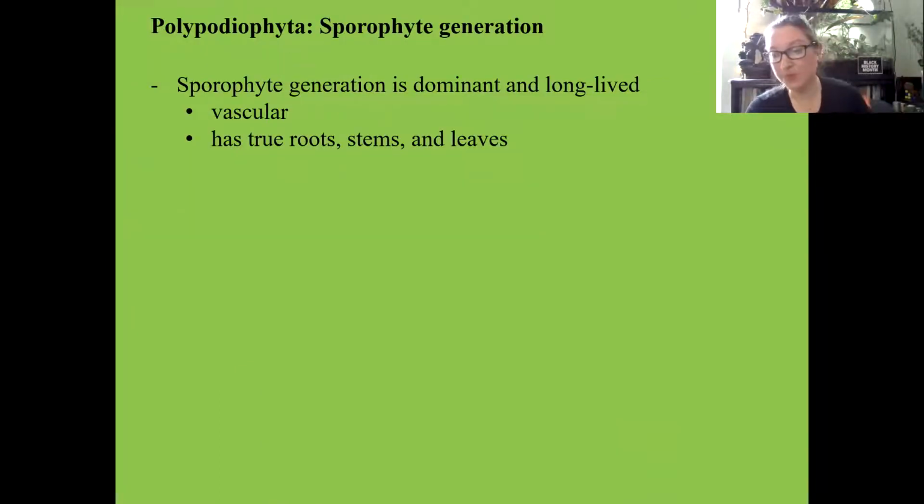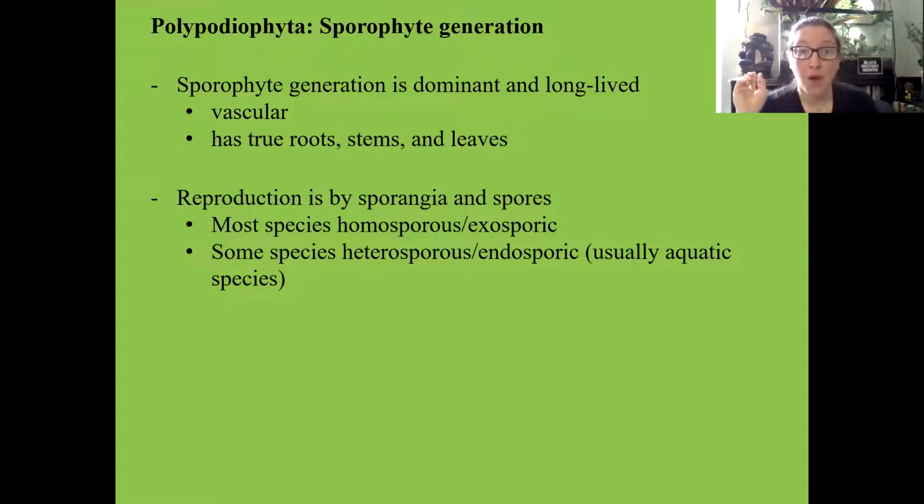All right, so some familiar things here: we know we're in the vascular plants, so we know that the sporophyte generation is dominant and long-lived. We know that it is vascular, and we know that it has true roots, stems, and leaves. We already know all that.